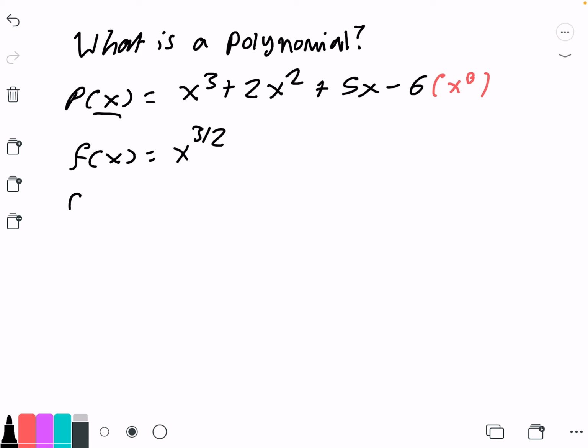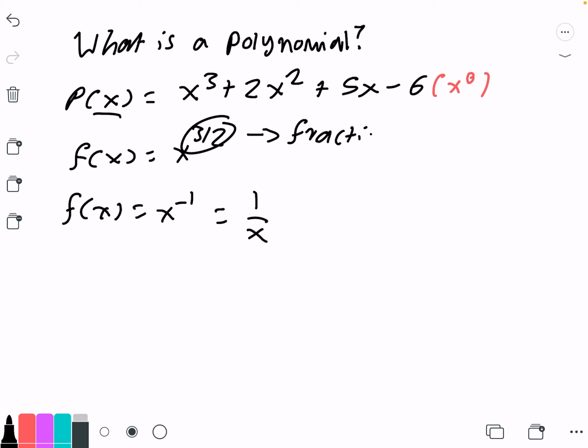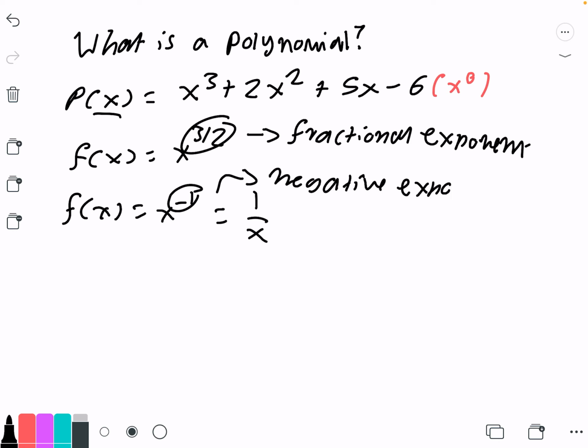And similarly, f of x equals x to the negative 1, which is just 1 over x, is also not a polynomial, because in the case of this one it has a fractional exponent, and in the case of this one, it has a negative exponent. So these two functions are not polynomials.